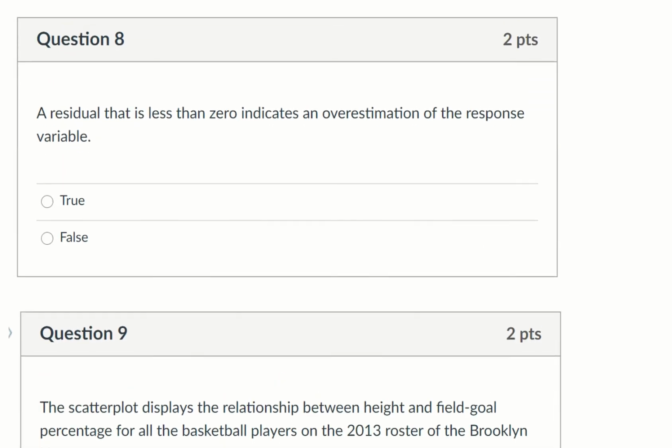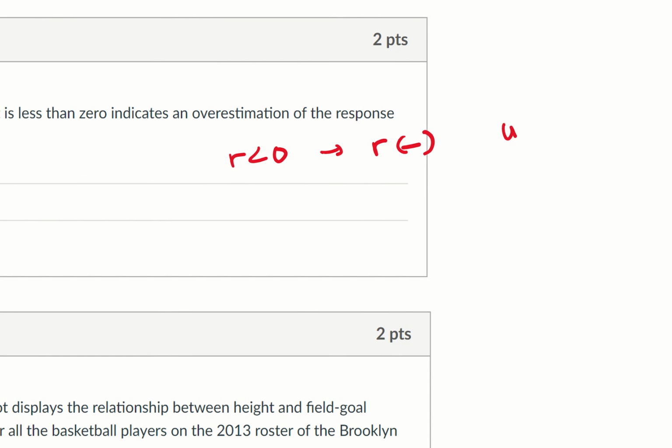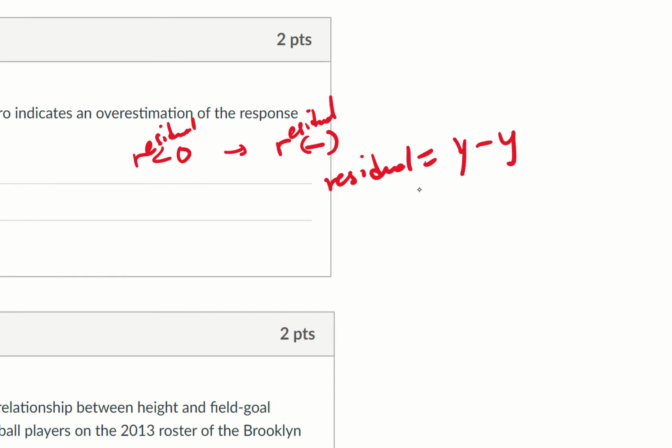All right, a residual that is less than 0 indicates an overestimation of the response variable. So if the residual is less than 0, well, that means that it's negative, right? And if the residual is negative, well, then that means that, remember, residual equals y minus y hat.